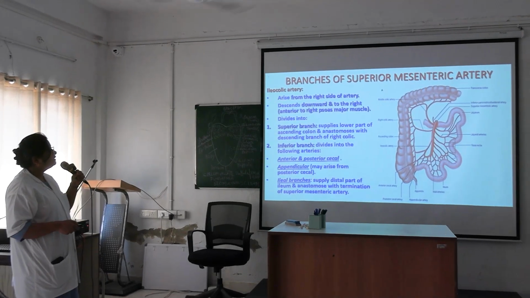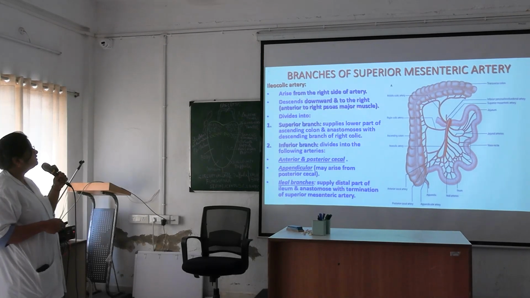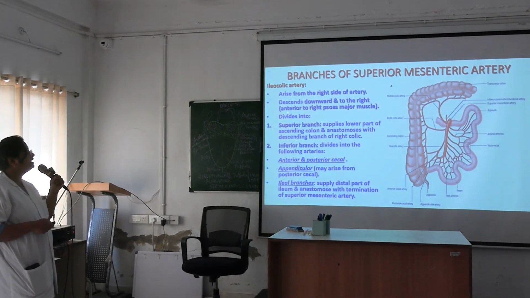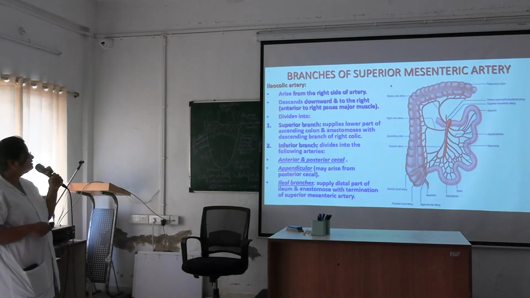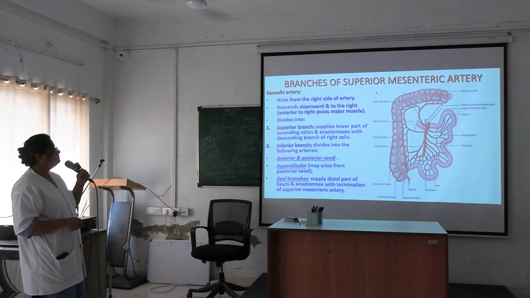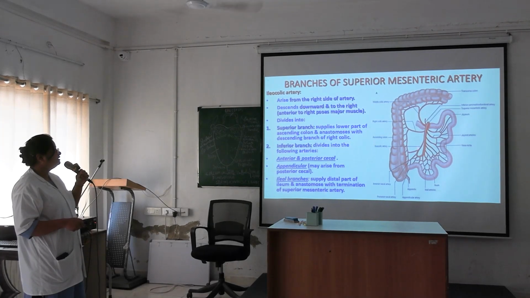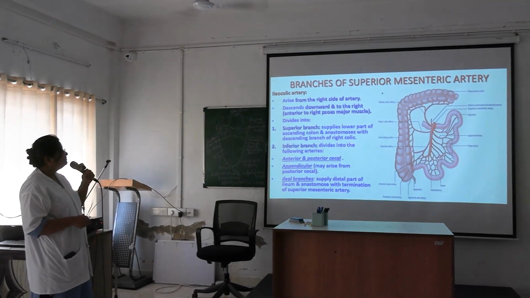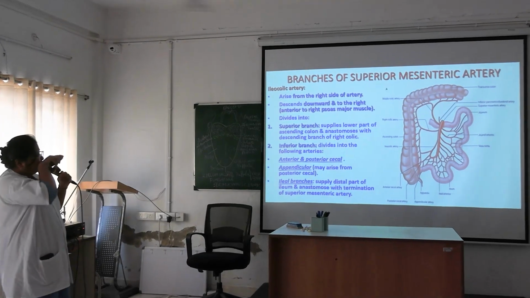Next we go to the ileocolic artery. This one is ileocolic, arising from the right side of the artery, descending downward and to the right, anterior to the right psoas major, and divides into two branches, superior and inferior. The superior branch supplies the lower part of the ascending colon and anastomoses with the descending branch of the right colic here.